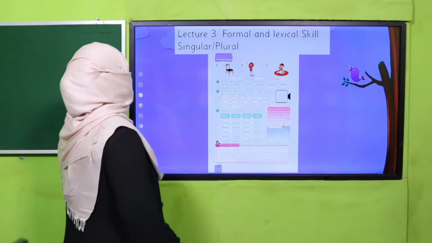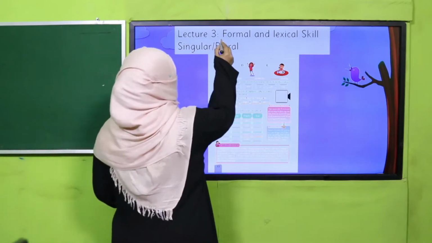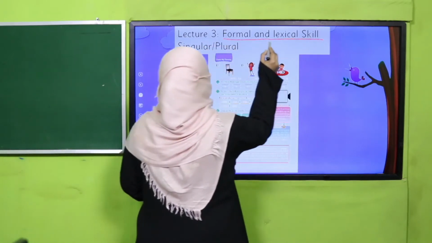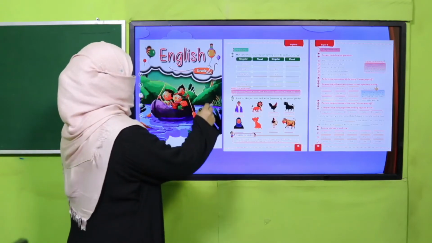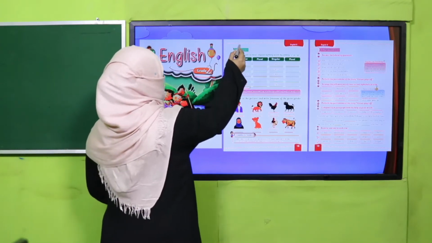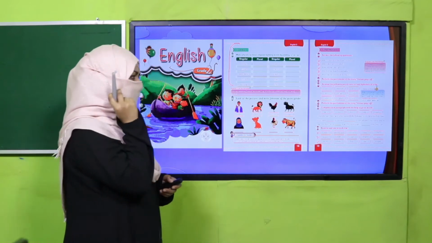Yes, my dear children, under the title of Formal and Lexical Skill, we are going to learn about singular, plural. Before this, in English for grade 2, I have already taught you about singular plurals. I hope you remember.